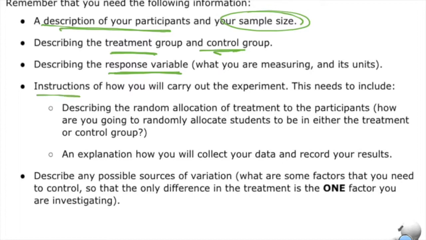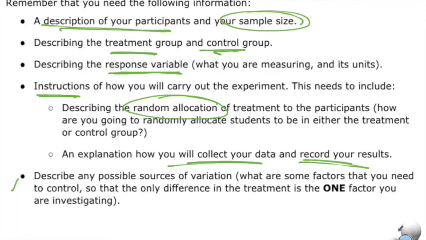I need to then have some detailed instructions, and particularly that must include how am I randomly allocating treatments to participants. So how am I going to decide which student is either in the treatment group or the control group? I then need to add an explanation of how I'm going to collect the data and how I'm going to record that result.